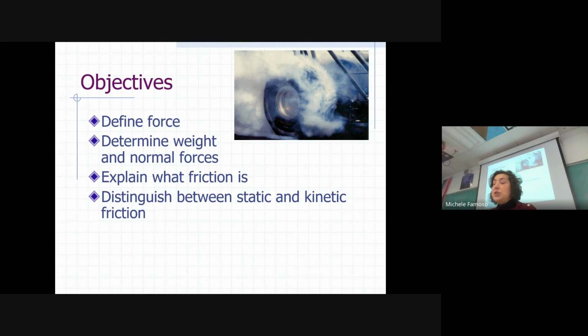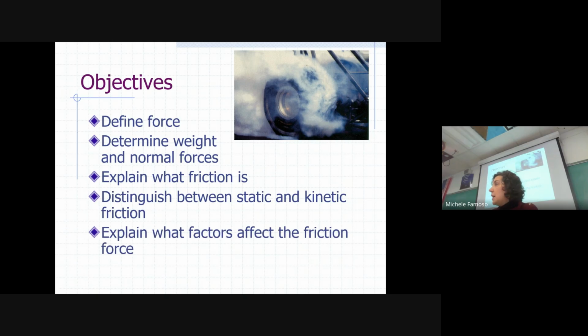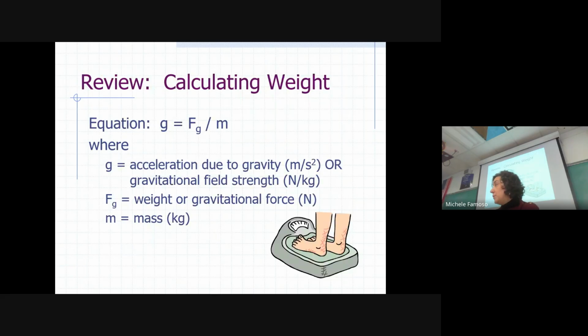Then I'll ask you to distinguish between static and kinetic friction forces. There's 2 kinds that we work with in this course, static and kinetic. What do they each mean? What type exists when? Explain to me then what 2 factors affect how much friction you might have, and then solve some problems. So there's a lot of conceptual understanding that goes with this, and we're going to take some time to discuss it.